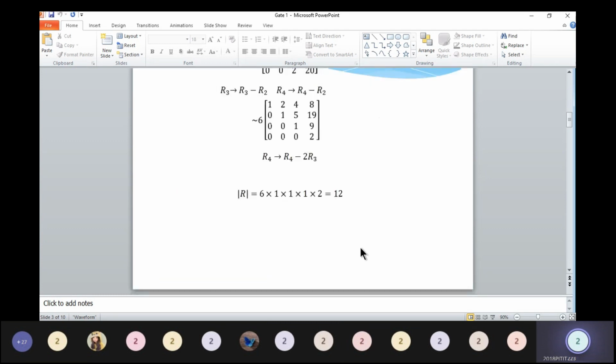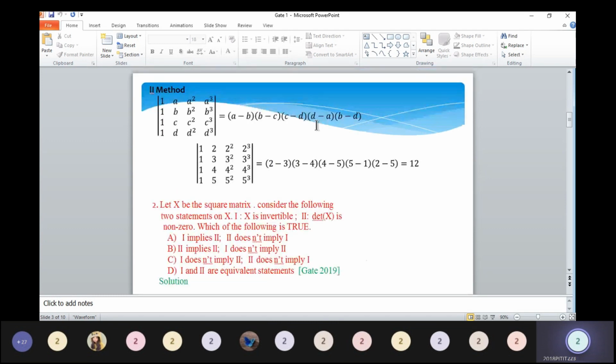So there are two methods. One is using the determinant properties. As it is in the form 1, a, a square, a cube, the formula is like this: the determinant value is the product of a minus b, b minus c, c minus d, d minus a, b minus d. If you apply the formula, you will get the value 12.